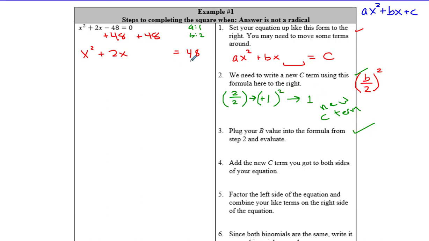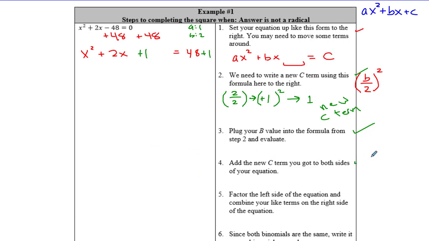We found out that our new C term was a positive 1. Okay. And it's always going to be positive because even if you have a negative in here, what happens when you square it? You're going to get a positive. So I'm going to add a 1 to both sides. It's critical that you do it to both sides. Okay, so now I added the 1 to both sides.